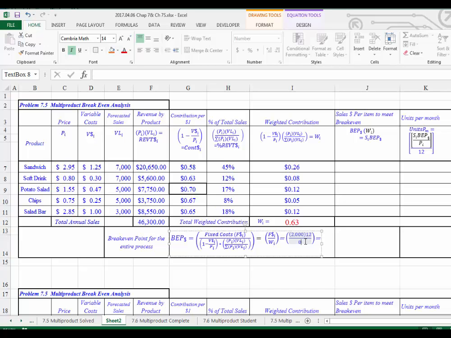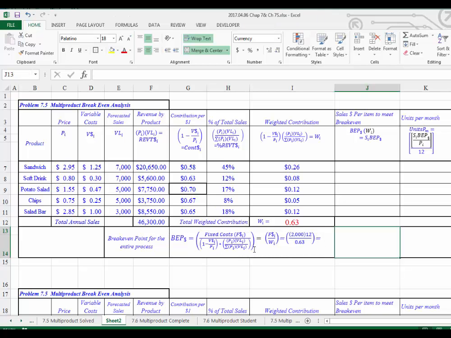So we just type this in here, but it's not going to do anything because this is just a Microsoft equation. We have to go over here and create our formula. So we're going to say equals, and on our numerator we'll have 12 times 2,000 divided by 0.63, and that's going to give us 38,095. So this is slightly different than the other one, and that's because we divided by 0.63. Had we divided by 0.623, then we get the number we got in class.